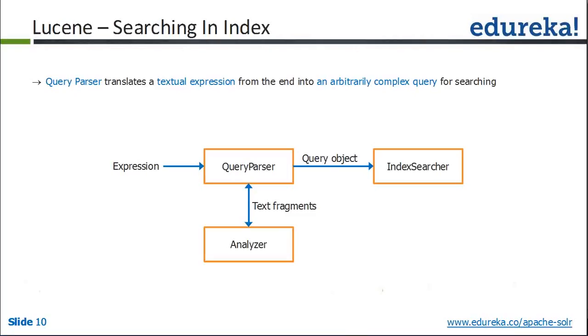And your query parser is basically going to decide how your query is going to be understood by the Solr system. And then after this, a query object has been prepared, and then it has been passed to the index searcher, and then this index searcher is going to return the set of documents which are pertaining to your query. Okay.